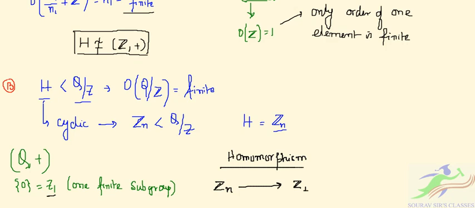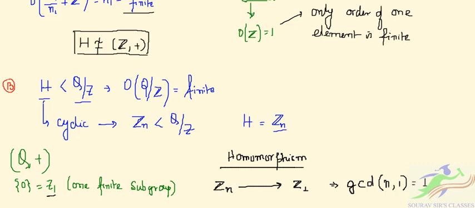So what we have to find in this homomorphism is the GCD, greatest common divisor. It will be GCD of n comma 1, which will be 1, right? So there will be one homomorphism.